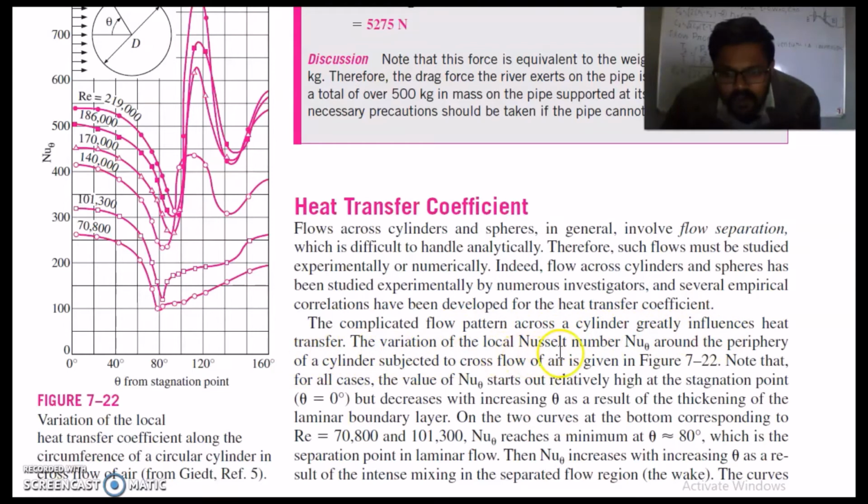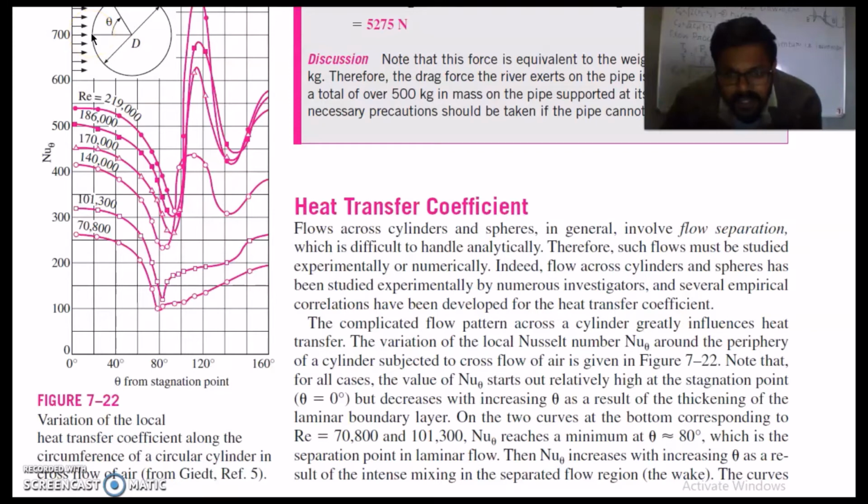The variation of local Nusselt number with theta around the periphery of a cylinder subjected to cross flow of air is given in this figure. For all cases, the value of Nusselt number starts out relatively high at the stagnation point. This is your stagnation point, where your flow starts to follow the profile of your cylinder, where your fluid stream first meets the cylinder.